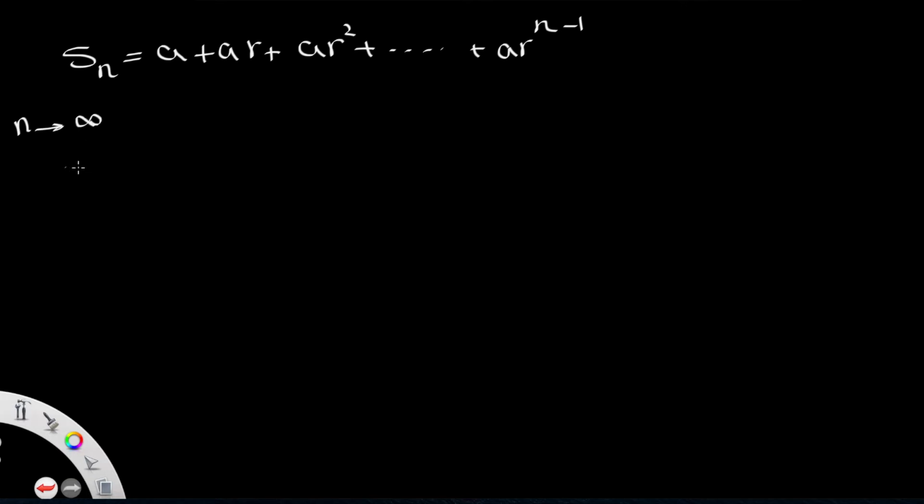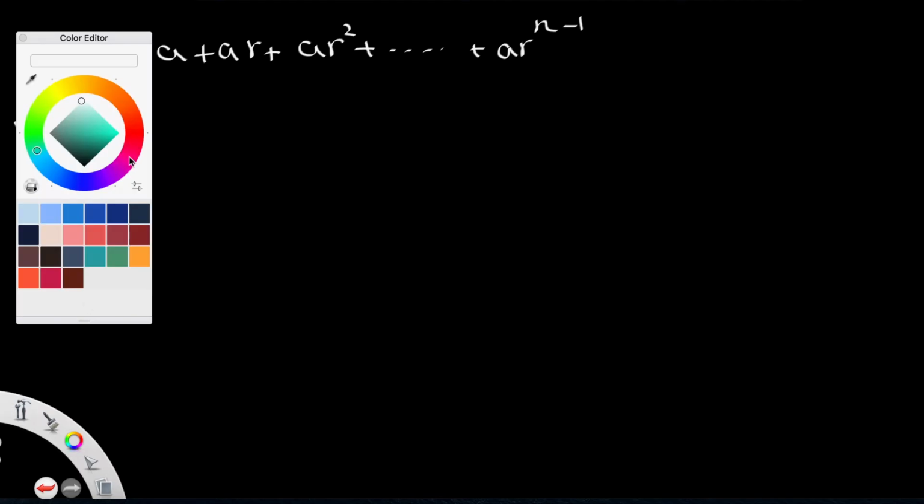As you already know, the sum of the n terms of a geometric series is a plus ar plus ar squared till ar to the power of n minus 1. Now, we are going to see what happens if n tends to infinity, meaning that you have an infinite number of terms to add.